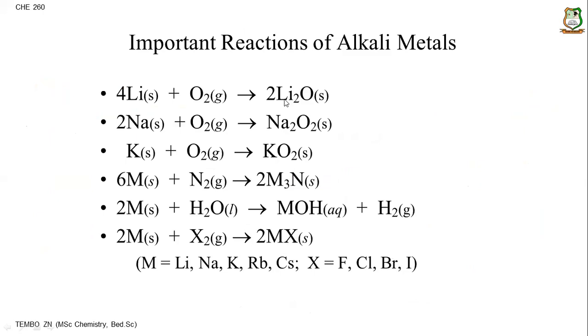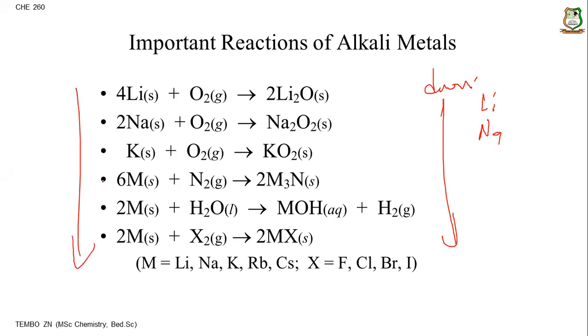However, we stopped our lecture, I think, here where we were looking at some of the most important reactions for alkali metals. And we said that for alkali metals, we know how the reactivity is. It increases going down the group. Okay, so you have lithium, sodium, potassium, and coming downwards.